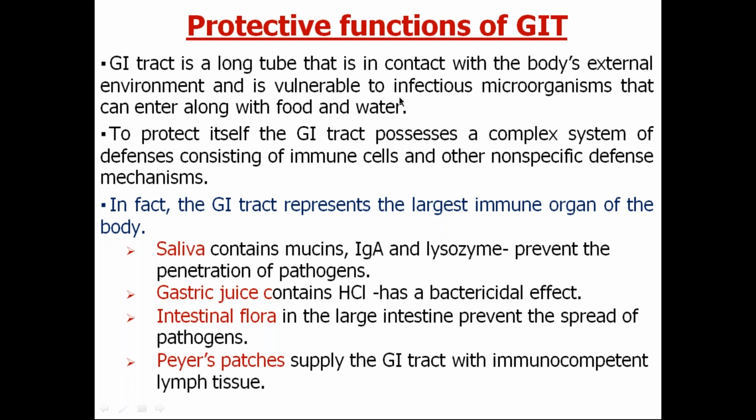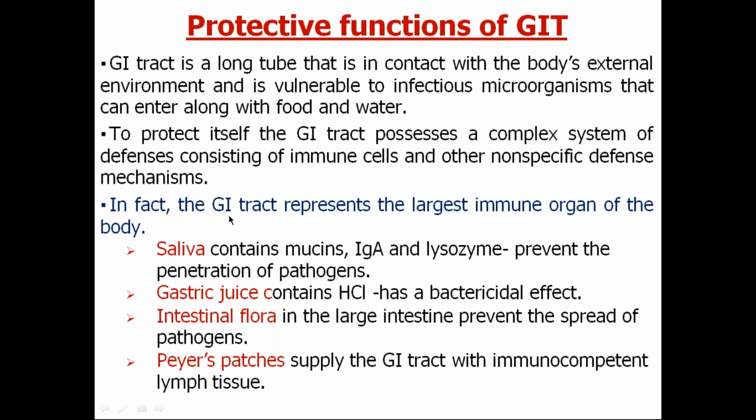The protective functions of GIT: of course, I have told you, it is a long tube. It is in contact with the body's external environment, vulnerable to infectious microorganisms. It protects itself by means of a complex system of defense, which consists of immune cells and other non-specific defense mechanisms.